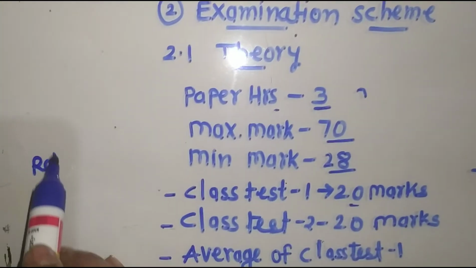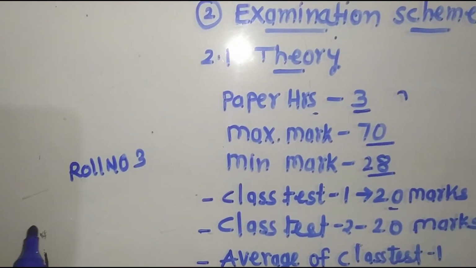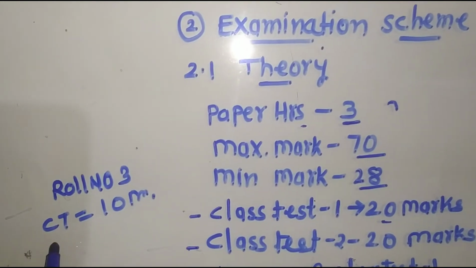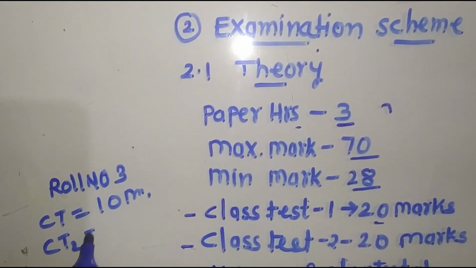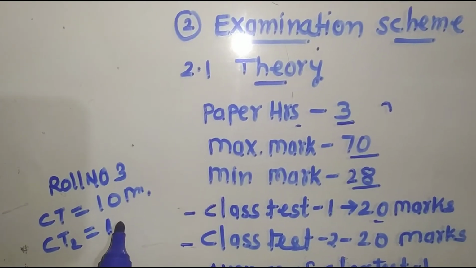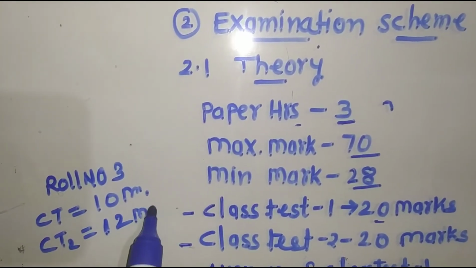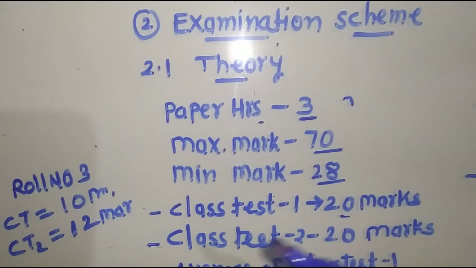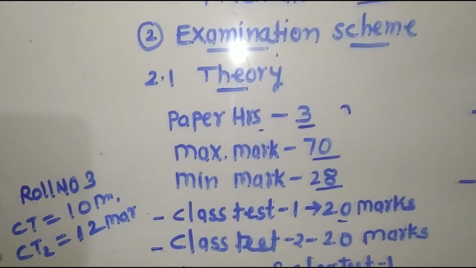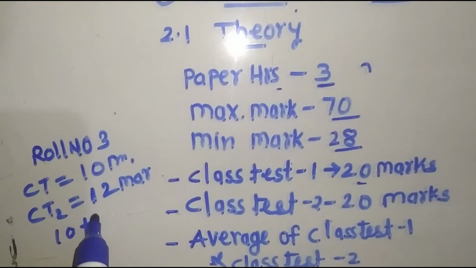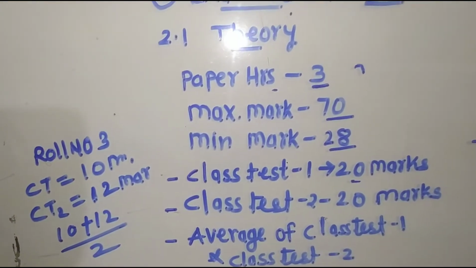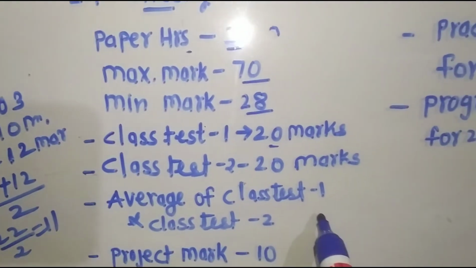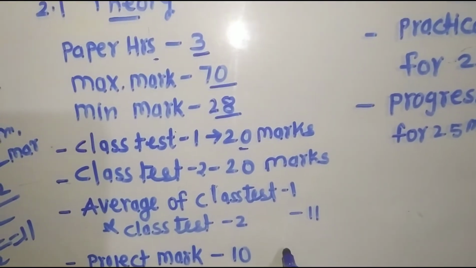If roll number 3 scores 10 marks in class test 1, and in class test 2 he scores 12 marks, we take the average. That mark will be added to your mark sheet in the board examination for this subject. Class test 1, 10 plus 12 upon 2, that is 22 upon 2, that is 11. Okay. Now this 11 mark of the class test is added.